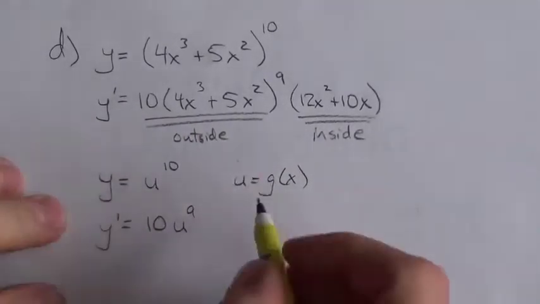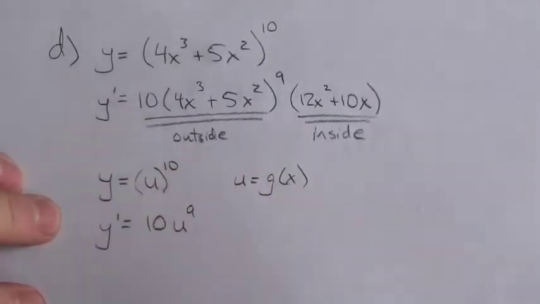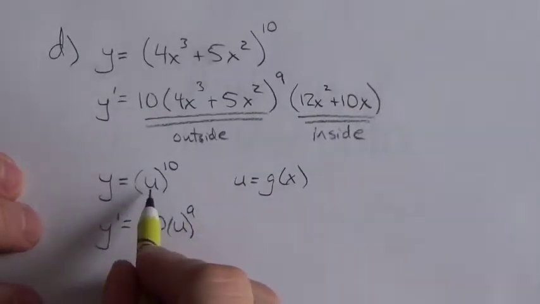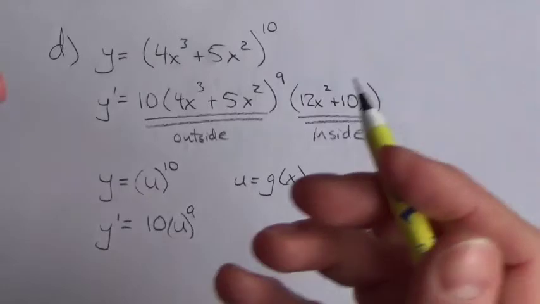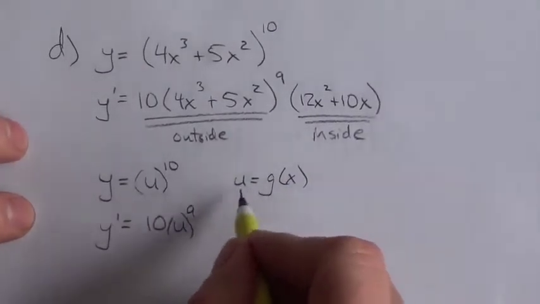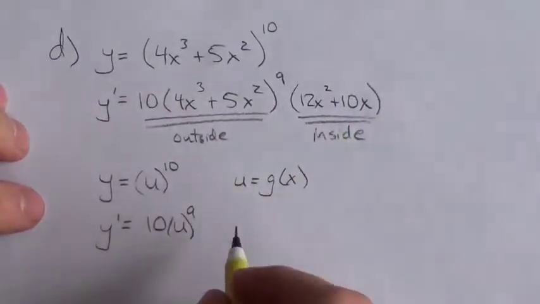Well, u is what's on the inside. If you really want to see it, I would put parentheses here to make that as abundantly clear as possible. U is this function on the inside. To the 10th is that function on the outside. So bring down the 10 u to the 9, and now I'm going to multiply by the derivative of what's inside. That's exactly what I did here.